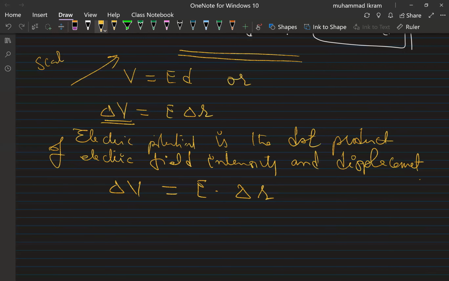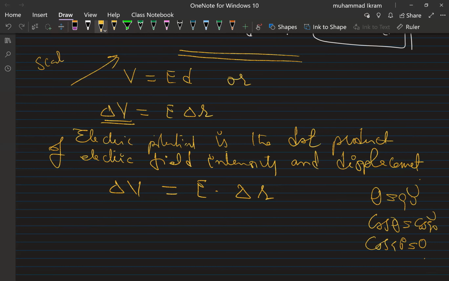So if you remember, I told you that there is no work done while moving along 2 points which are at the same potential. Why? Because if you move perpendicular to the direction of the electric field intensity, then theta is 90 degree. And what is cos of theta? That is cos of 90 degree, and it is definitely 0.